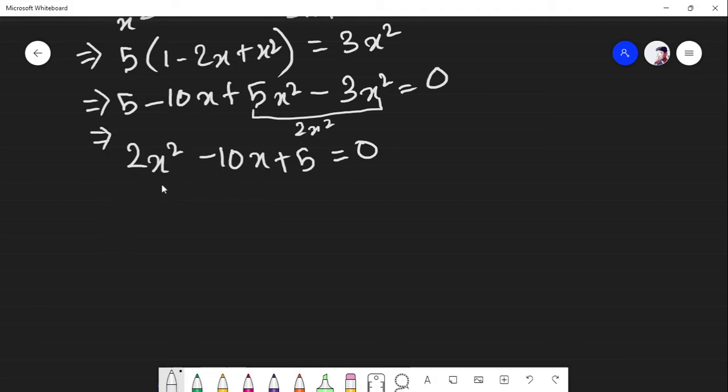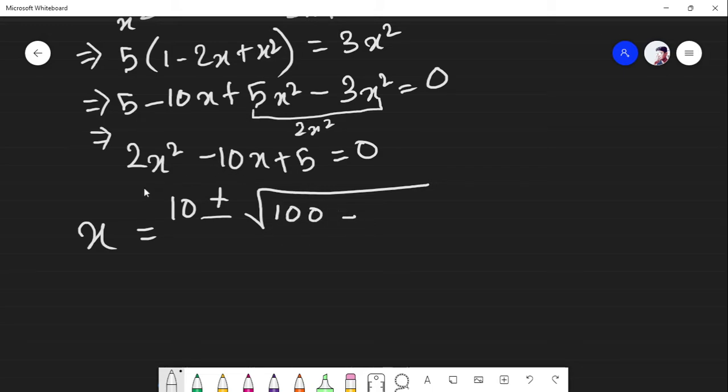You can see, x will be equal to 10 plus minus root over b squared, which will be 10 squared, which is 100, minus 4ac. a is this and c is this. So this will be 2 times 5 is 10 times 4 is 40, divided by 2a, which is 2 times 2, which is 4.